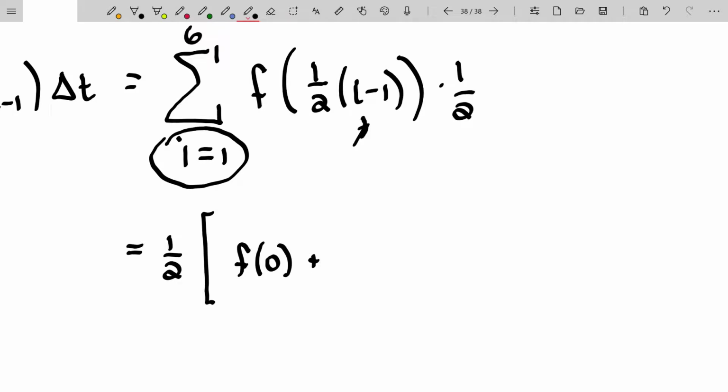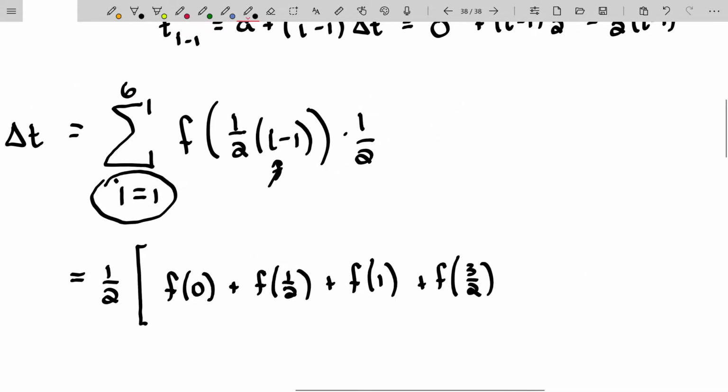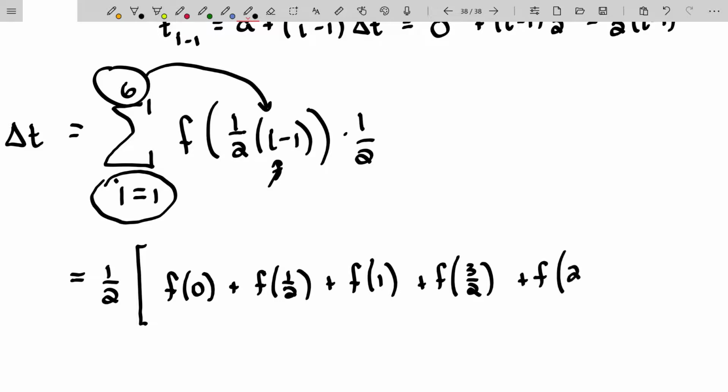Well, if i is equal to 2 here, you'll have 2 minus 1 times 1/2, or f of 1/2. And now you know you're just stepping by size 1/2. So f of 1, f of 1.5 or 3/2, and so on and so forth down the line. And we'll stop at 6, which would be 5 times 1/2 or 5/2. So I'll just keep going till I get to 5/2.